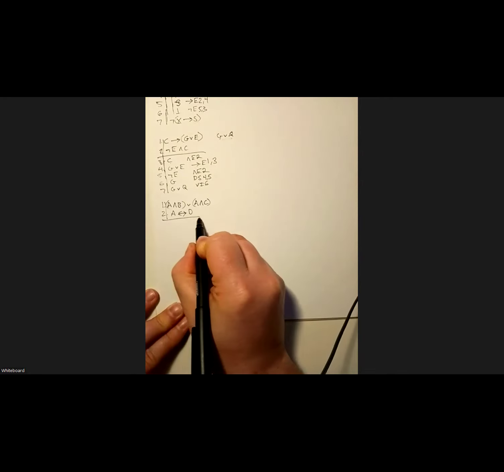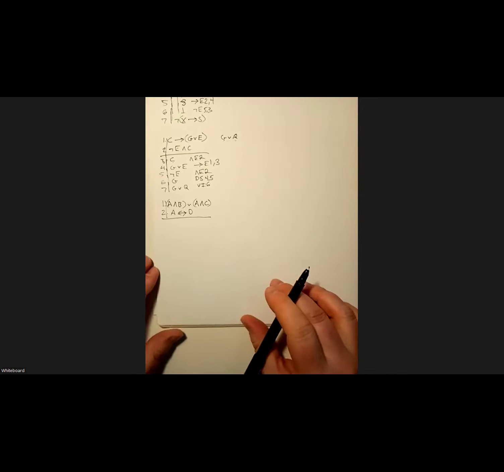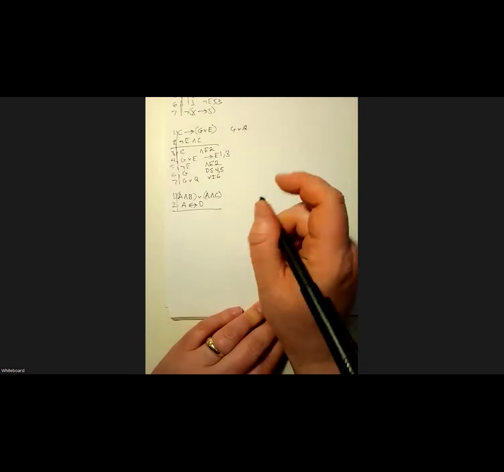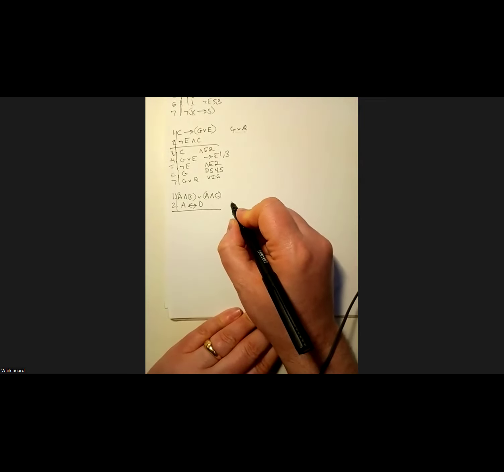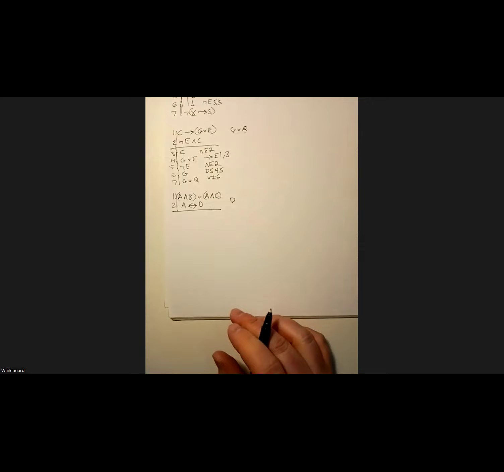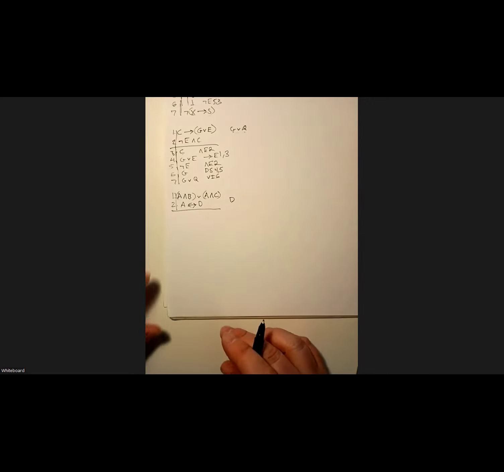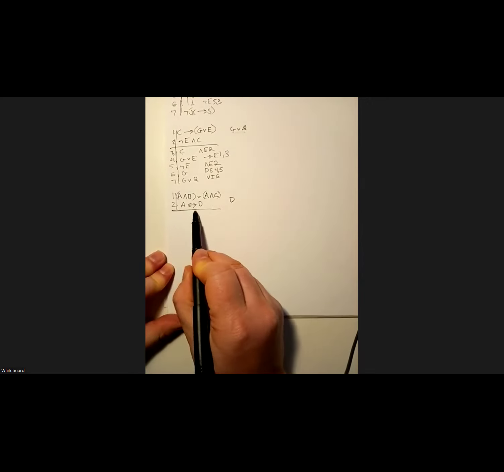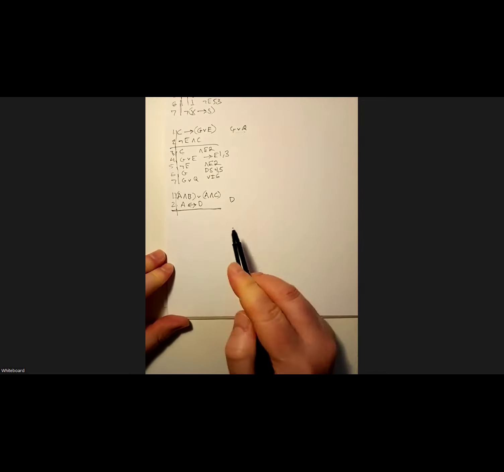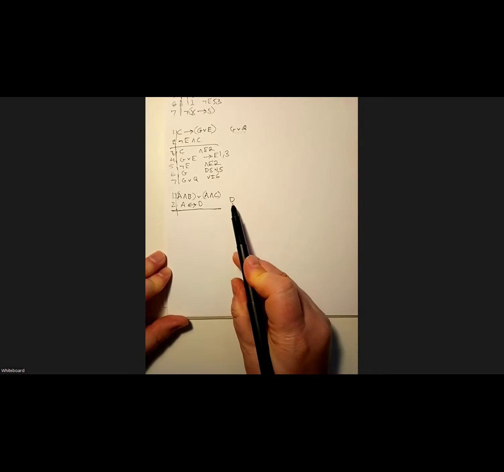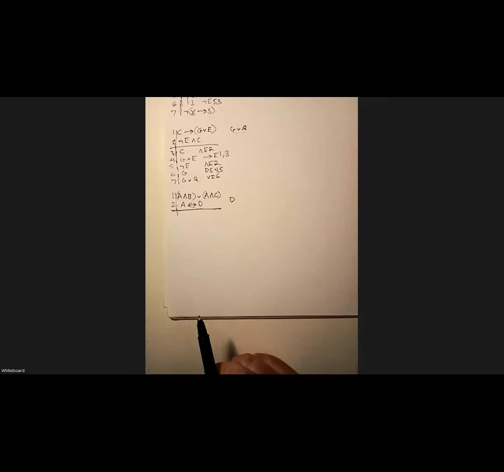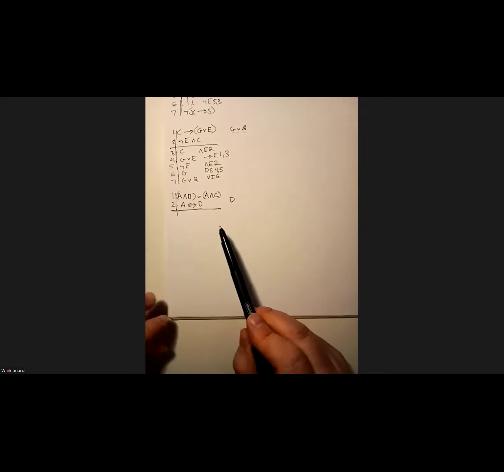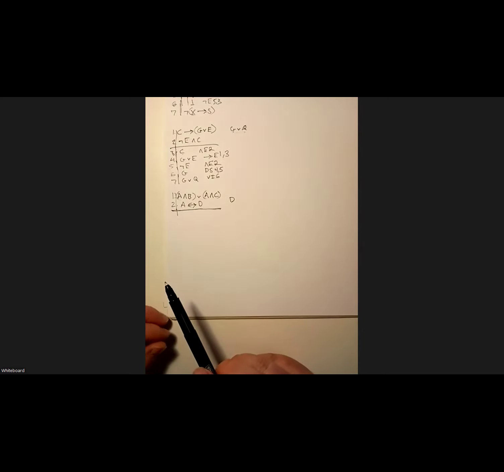So there's our two assumptions, and we want to derive D. So first thing we can see, given the kind of sentence our conclusion is, what kind of rule do we expect we're going to have to use?